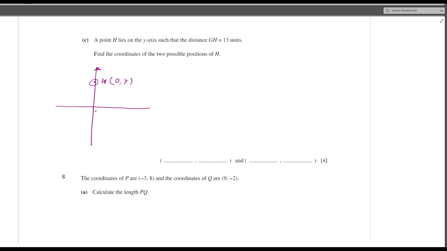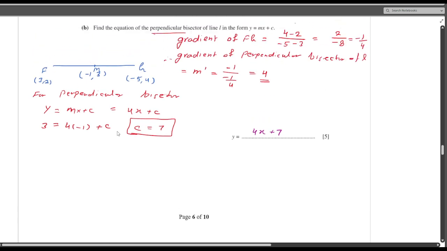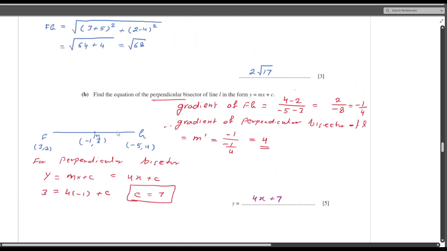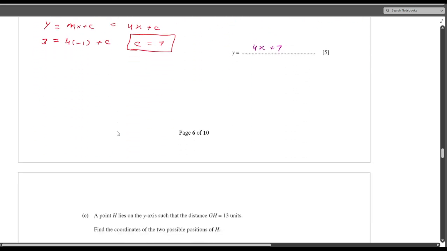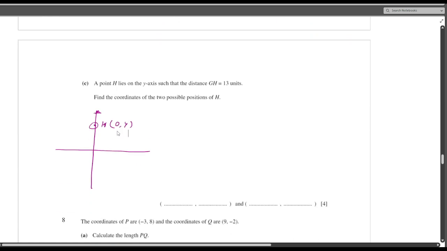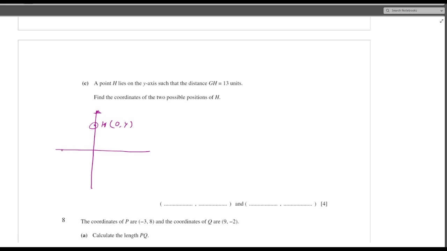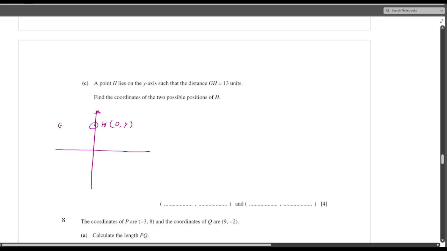Now as it is on the y-axis, G, let us come here, G is minus 5 comma 4, so x is minus 5 and y is 4, so minus 5 comma 4 may be somewhere here.